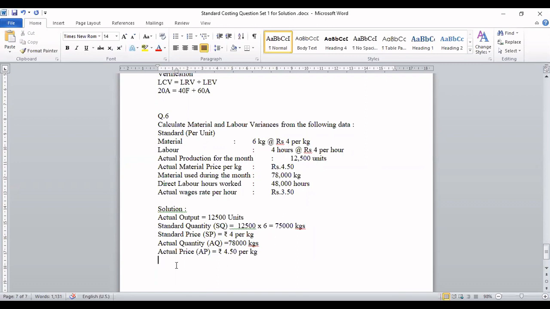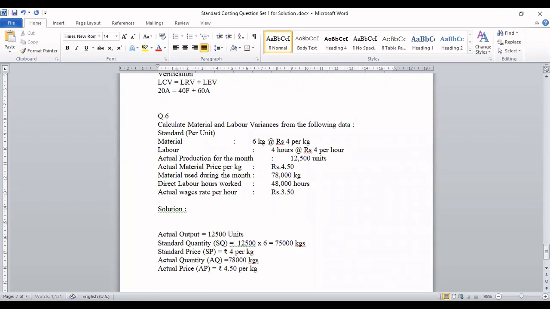Yes, tell me. Sir, I have a doubt. How did the 6 multiplication come? Okay. See, for making 1 unit, what kg of raw material do you need, beta? 6 kg. Is this clear?